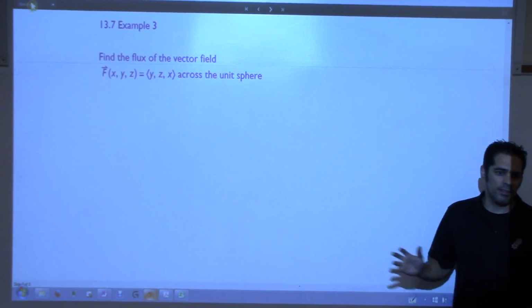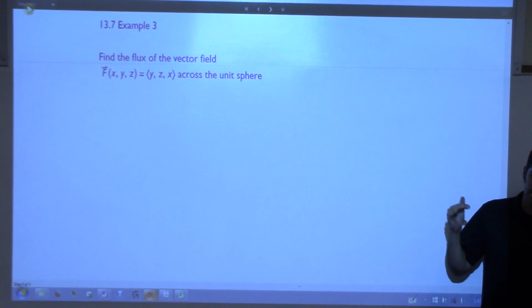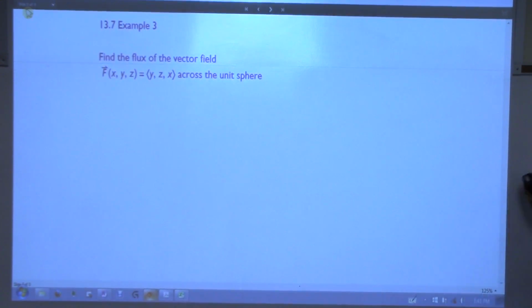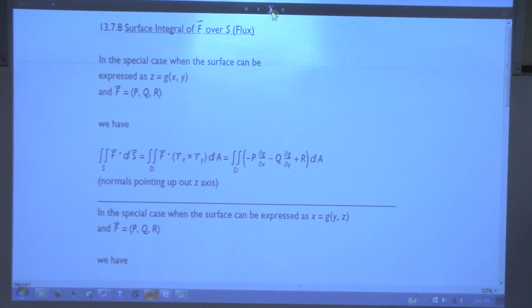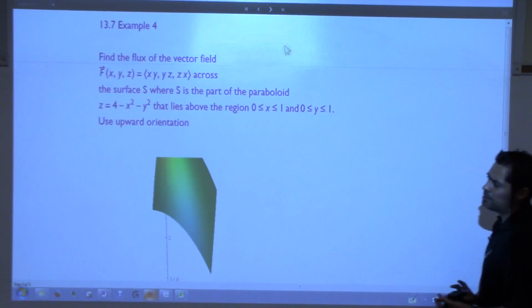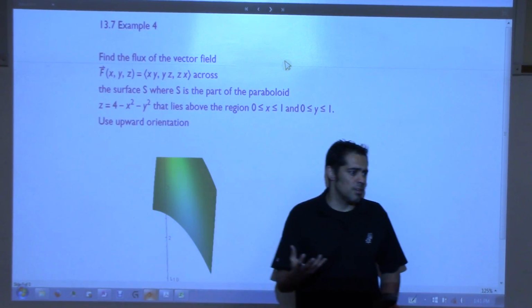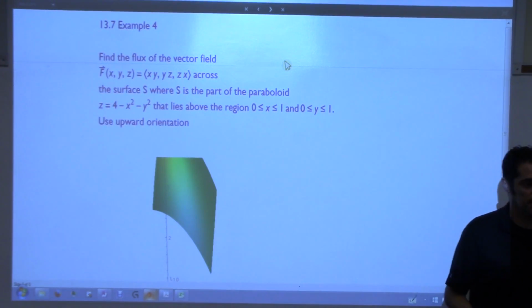There was no way around it. There was no shortcut. We just had to do it that way, and we ground out the answer. The next example I did, we realized that the surface could be written as a function of 2 variables, and so we used a special case.